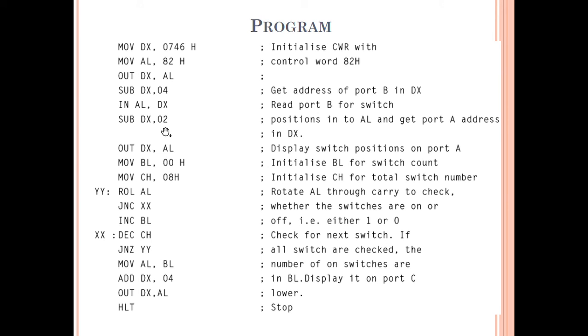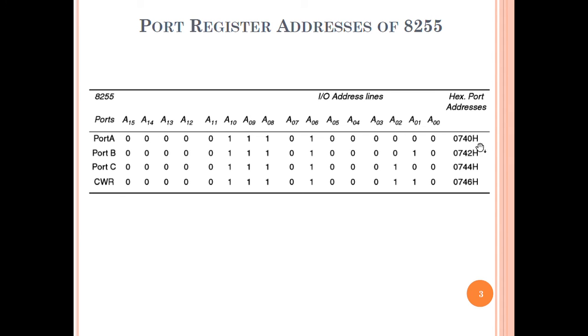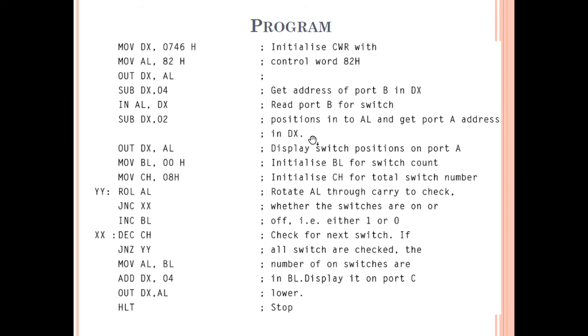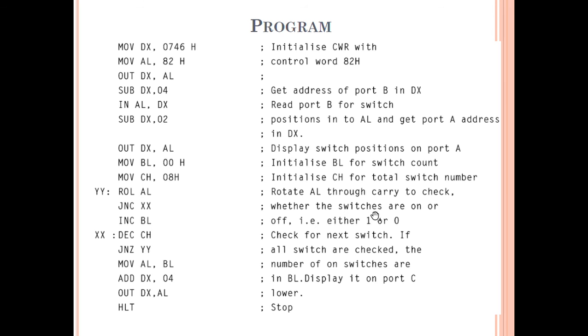Then SUB DX comma 02. So again we are reaching port A. After reaching port A, we have to display which switch is on and which is off. If a switch gives 1, that is stored in AL, and from AL the respective bit will be output here, so this bit will be 1 and this LED will be on. Similarly for all other switches and LEDs.